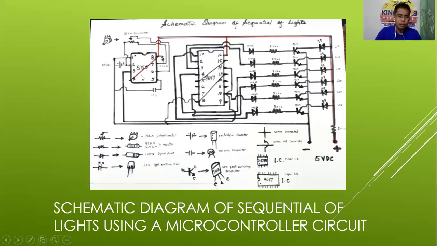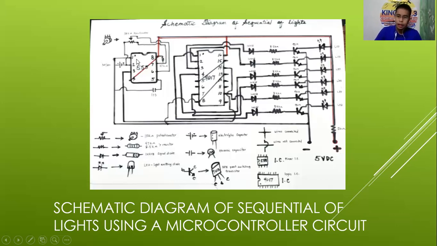Kapag nilagay na natin yung 555 and 4017, let us identify first the supply. Ano ba yung mga supply niya? 4 and 8 is connected to positive. Okay. Si 4017, 6 is connected to positive.